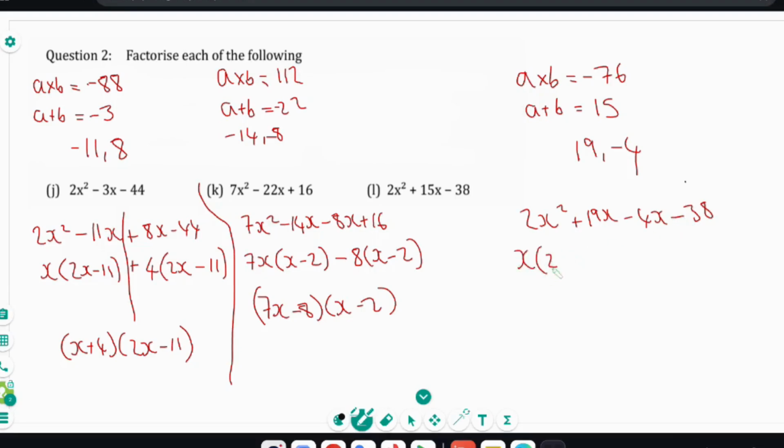X. Highest common factor, 2. That works. Minus 4x minus 38.